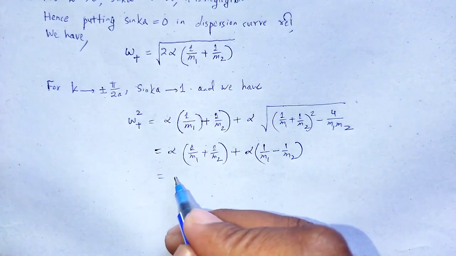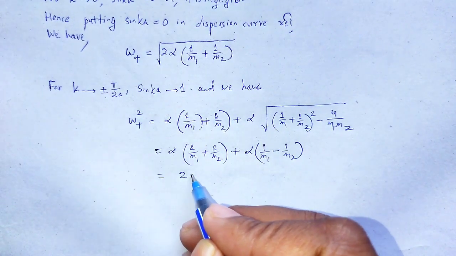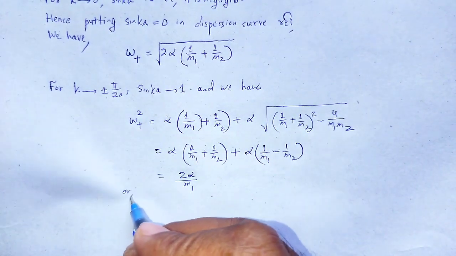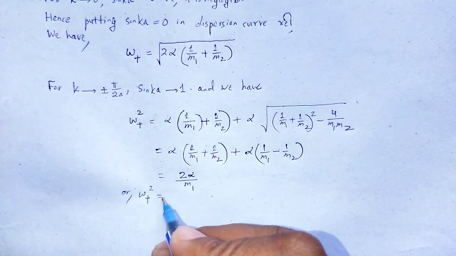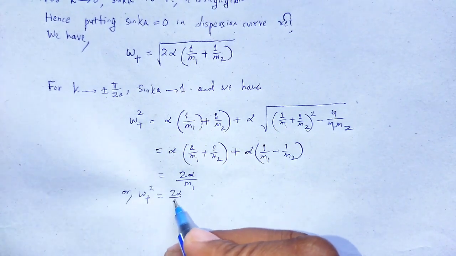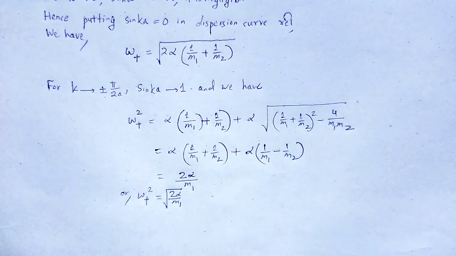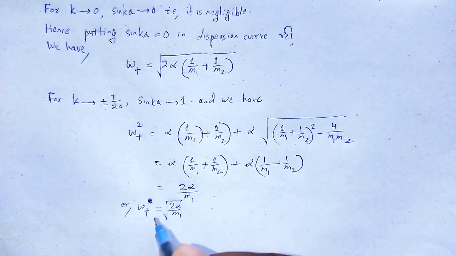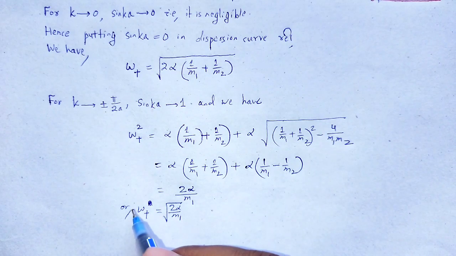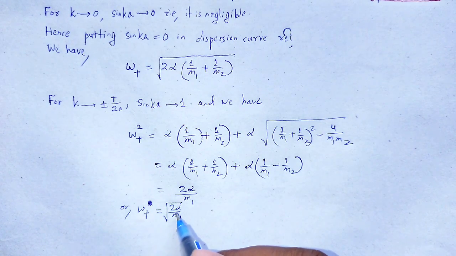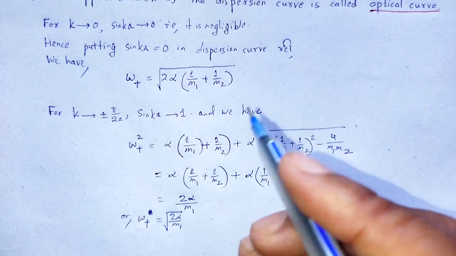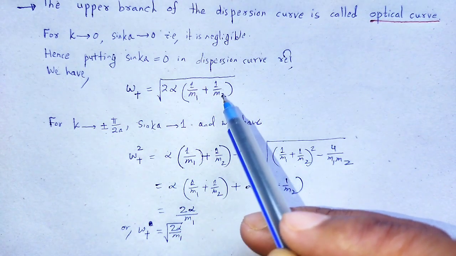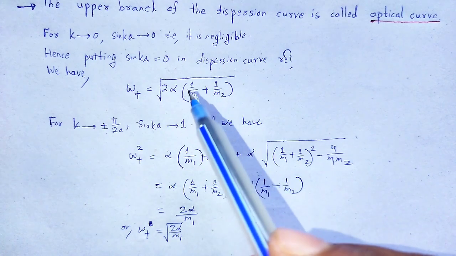We have 2 times alpha divided by m1. Therefore, omega plus square is equal to 2 alpha divided by m1, under root. That is, omega plus is under root of 2 alpha divided by m1. Here the omega plus value at k equal to 0 is under root of 2 alpha into 1 by m1 plus 1 by m2.